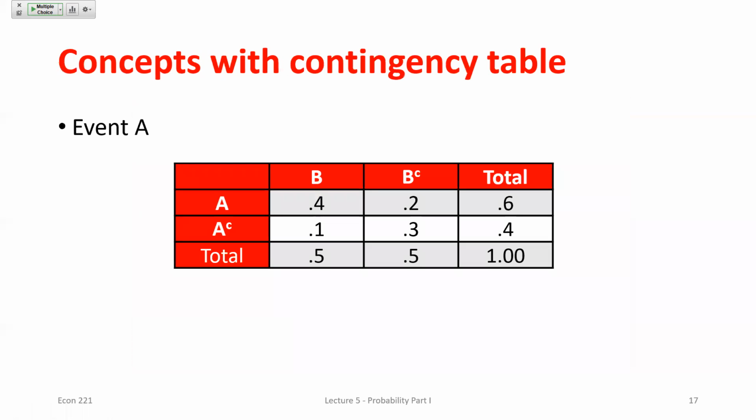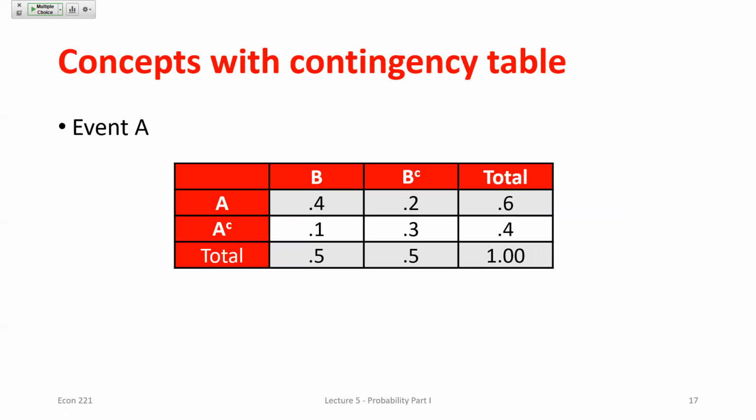So we can also put these into what we call a contingency table, or a joint probability table. We might have two events, event A and event B, and each event would have its own complement as well: A complement, B complement.